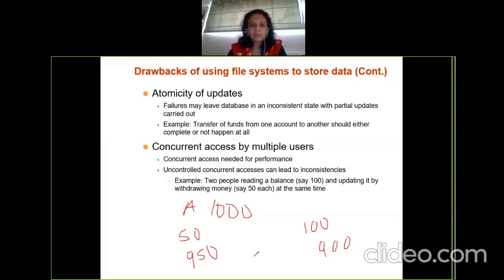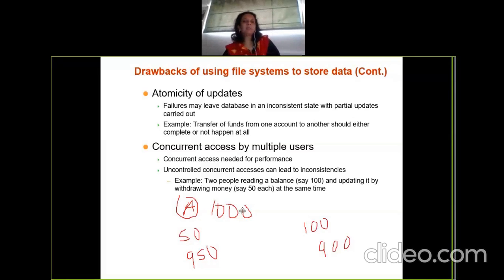Now see, once again, suppose department A has an account balance of 1000 and two clerks are simultaneously updating the balance. Why? Because concurrent multiple users are allowed to update the data. Suppose the first clerk debits $50 from this department and the second clerk at the same time debits $100 from this department's balance.